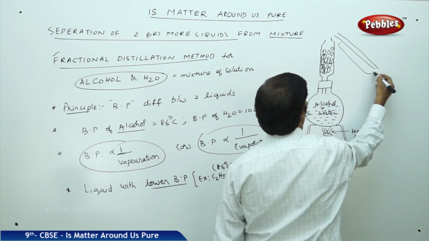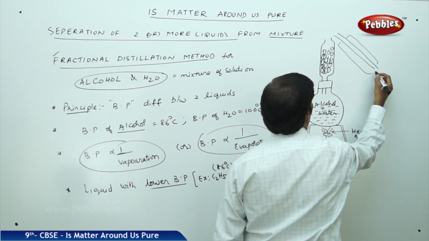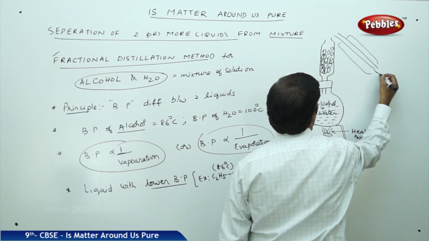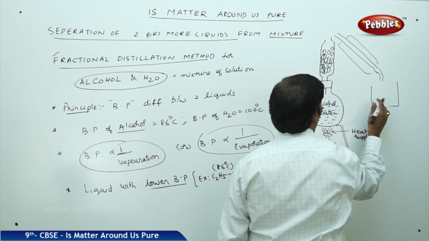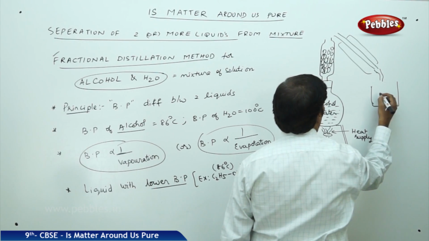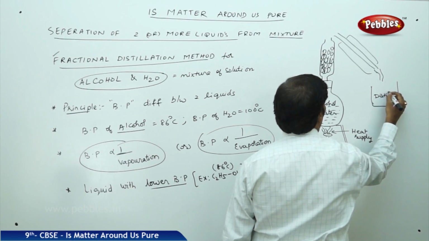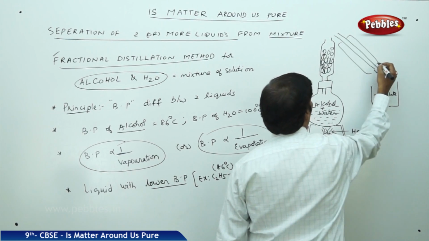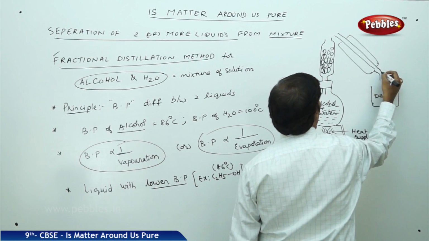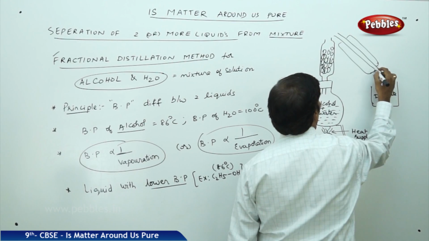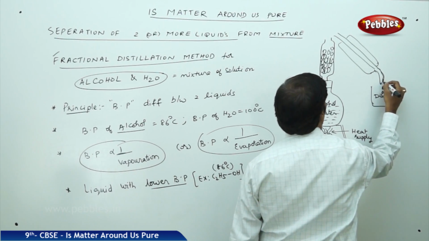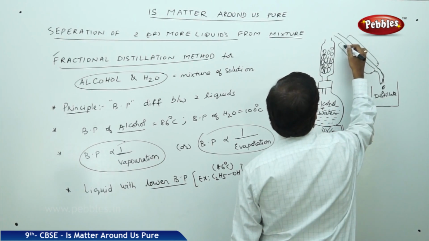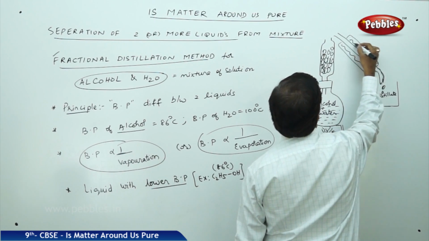This is a cooling pipe, and finally the distillate is collected. The water is being circulated here.